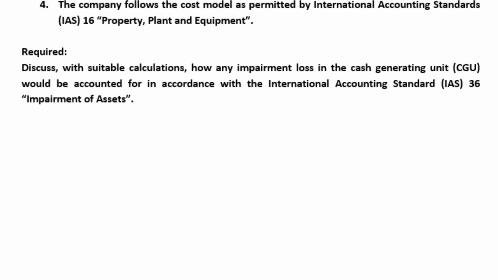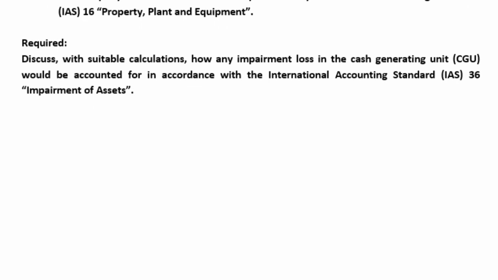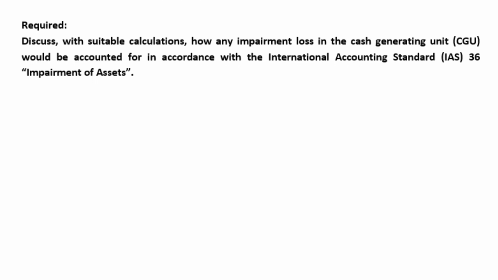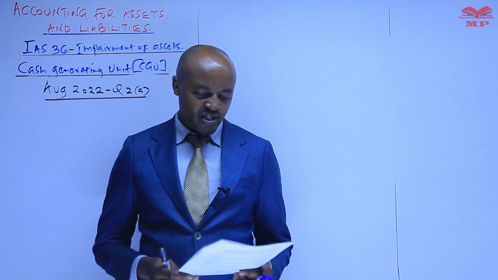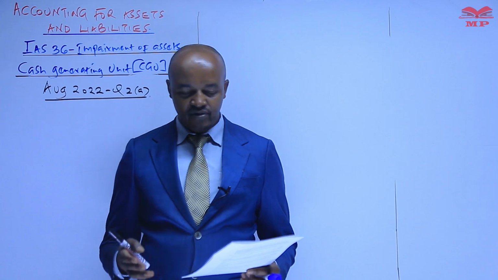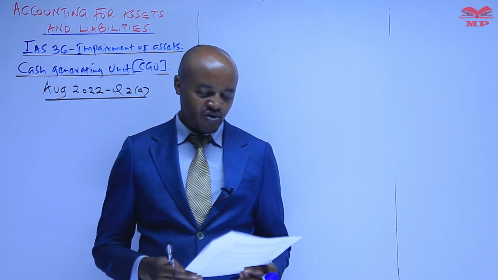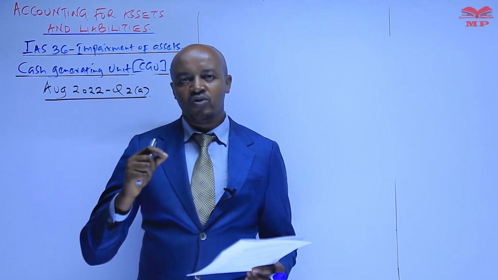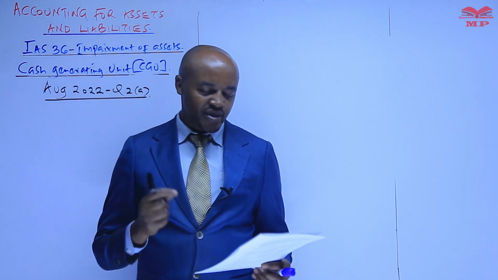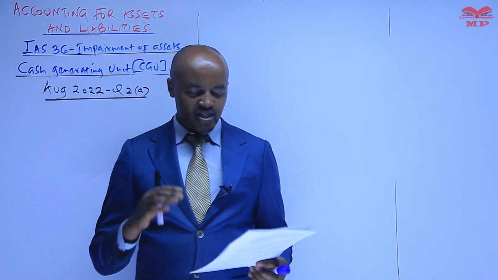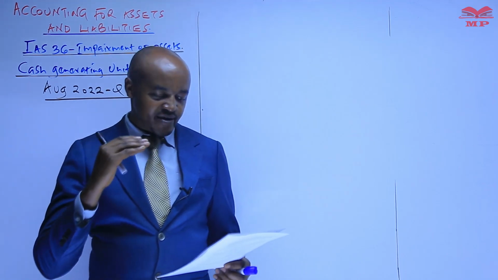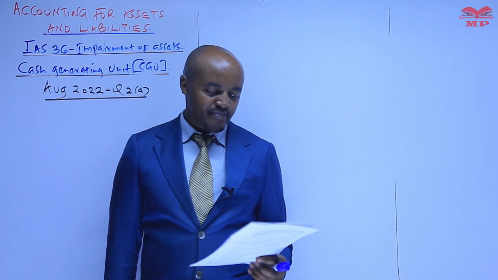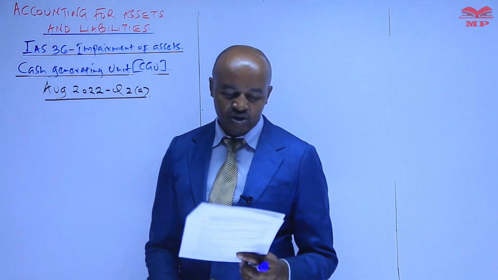So what you needed to say here is that B Limited will need to carry out an impairment review, that is, determine the impairment loss of this cash generating unit and then allocate it to the assets within that cash generating unit. And we have discussed the order to be followed by the company in allocating that impairment loss.